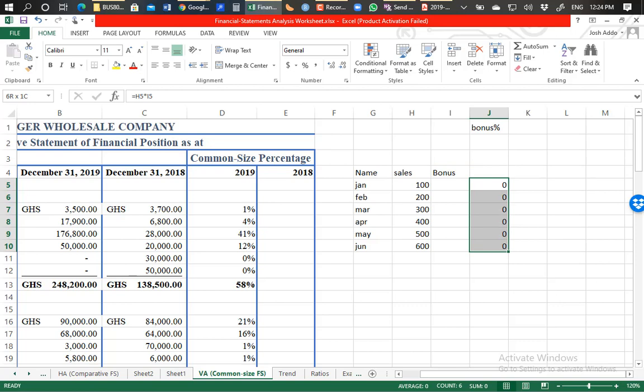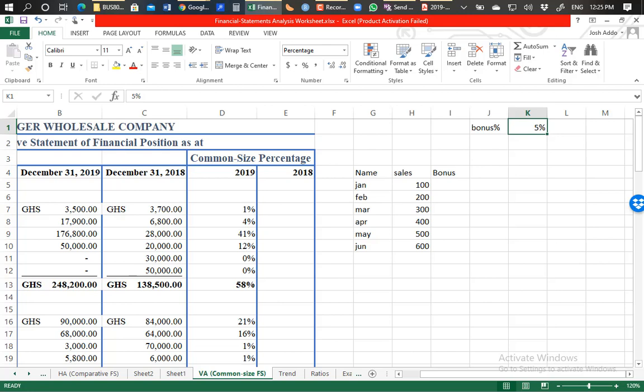I don't even need this column again. Then when I'm calculating the bonus, since the percentage is the same for all of them, I'll put a percentage here, 5%, and then reference this same cell for all of them instead of repeating the 5% across all of them.